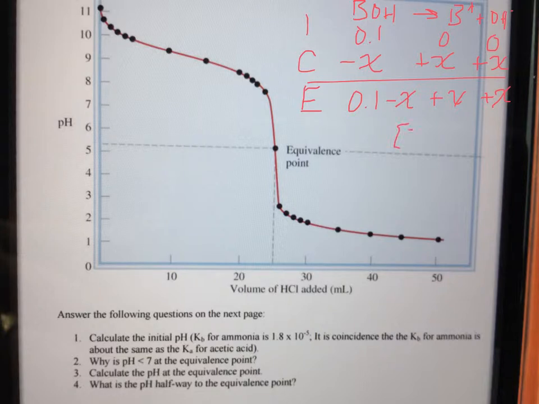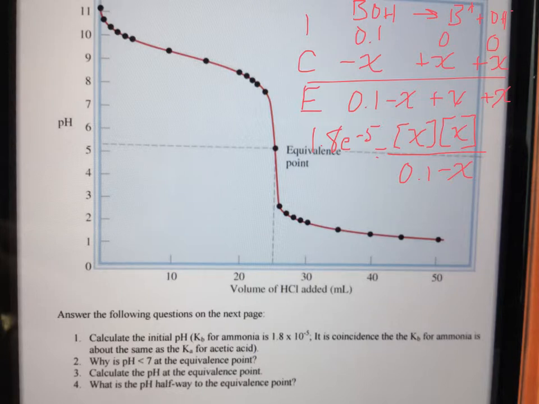We're going to have the concentration of X times the concentration of X over 0.1 minus X, and that's equal to our Kb value, which happens to be 1.8 e to the negative fifth. So we're going to solve for this.